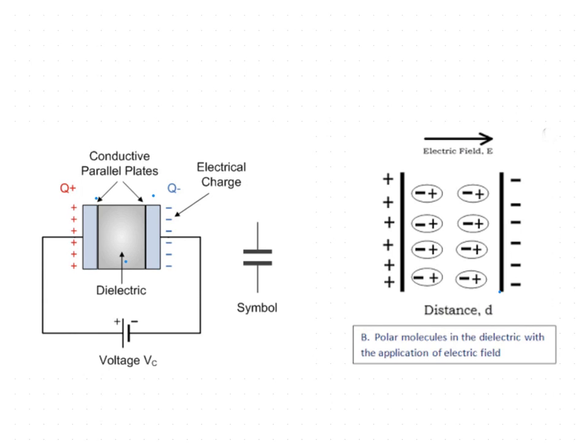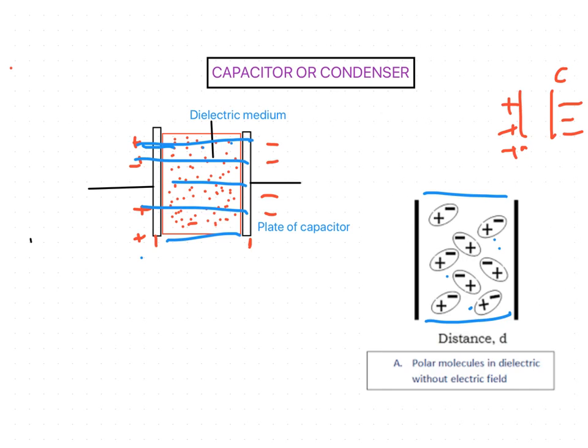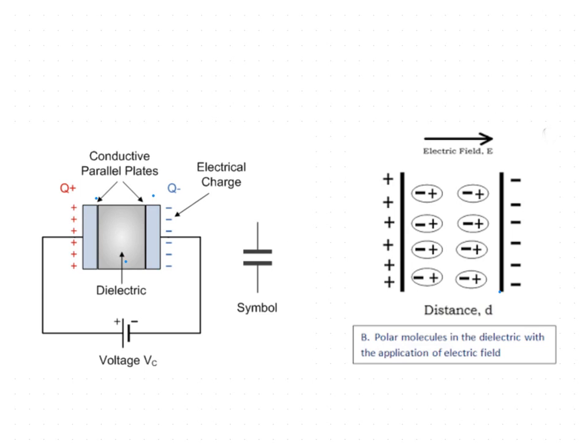The molecules are very much disturbed here, and they are placed irregularly when the electric charge is not connected, that is, without an electric field. Next, in the presence of an electric field, what happens?